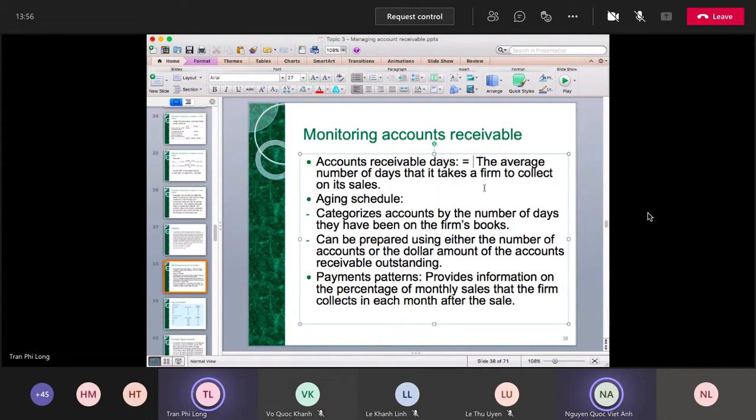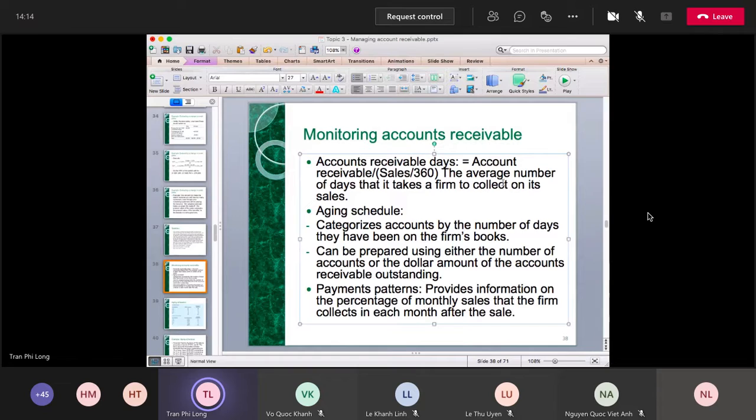It will equal the account receivable divided by the number of days in 1 year, maybe 360 or 365, okay, and no sales divided by 360 or 365. So you need to remember the formula to calculate the account receivable days.